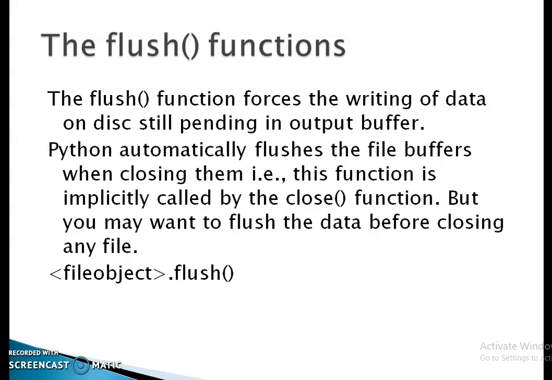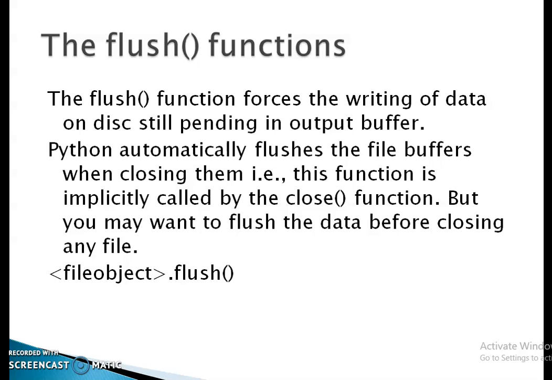Whatever you write into the file will be stored in the file buffer, and after that it will be pushed into the disk file. So the flush function forces the writing of data on disk still pending in the output buffer. Whatever is pending in the output buffer will be forced to write onto the disk. That is the use of the flush function.